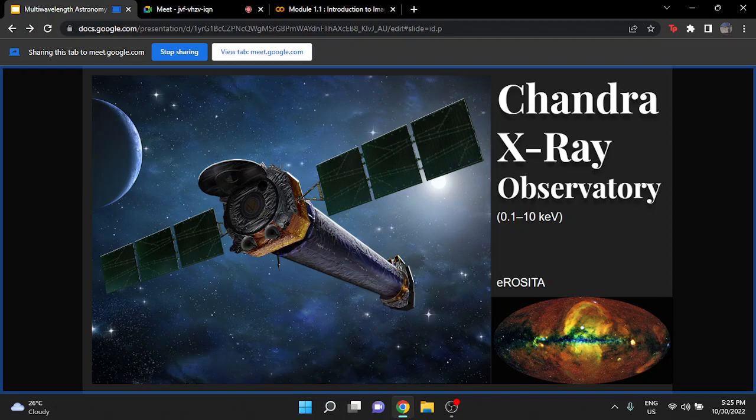Chandra X-ray Observatory, as its name suggests, observes in the X-ray domain, in the range 0.1 to 10 kilo electron volts. As you must know, gamma rays and X-rays have very high energy density as electromagnetic radiation and often are seen as signs of high energy processes such as X-ray jets or hot gas or star forming regions.